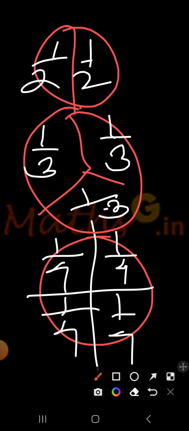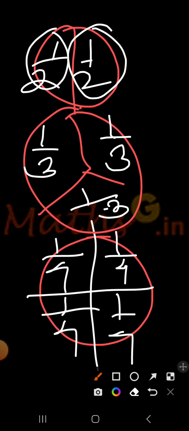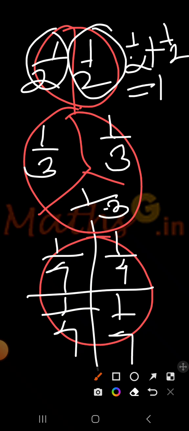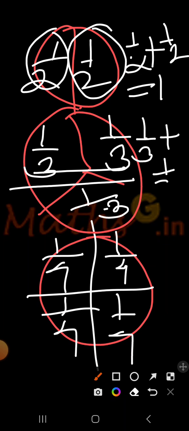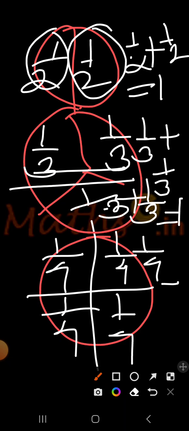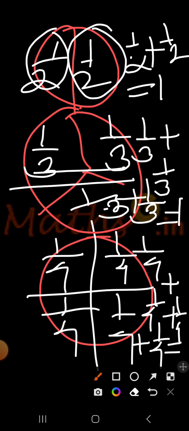So if we add this half and half, we will get a full. So 1 by 2 plus 1 by 2 is equal to the full cake. Similarly, here, 1 by 3 plus 1 by 3 plus 1 by 3, we will get the whole cake, that is 1. In the third case, 1 by 4 plus 1 by 4 plus 1 by 4, and another time plus 1 by 4, we will get our whole cake.